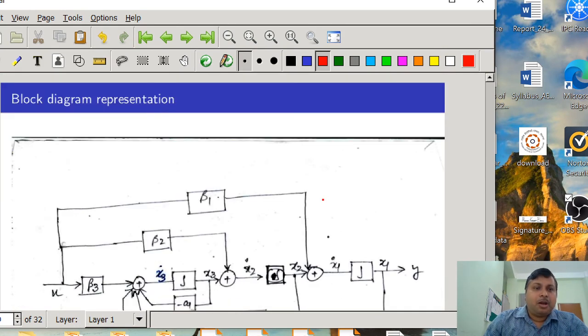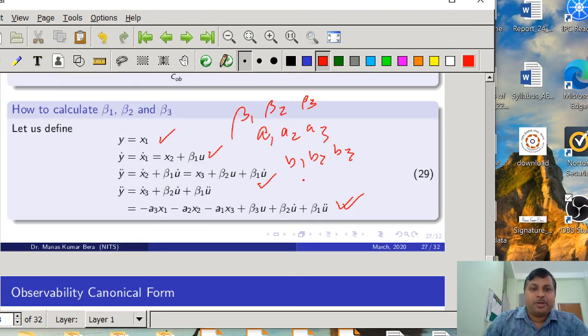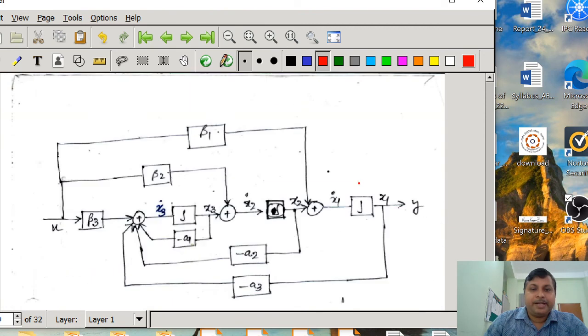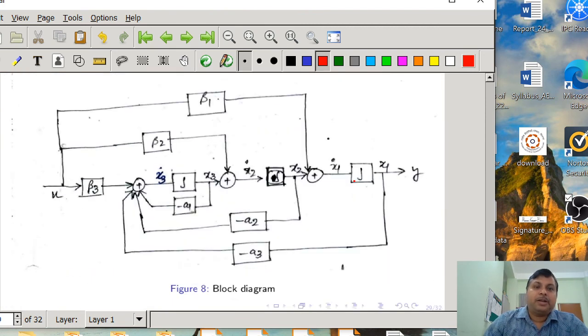Now the same state equation represented in equation number 28 can be represented in a block diagram like this. Here there are three integrators, and the outputs of the integrators are assumed to be the state variables.